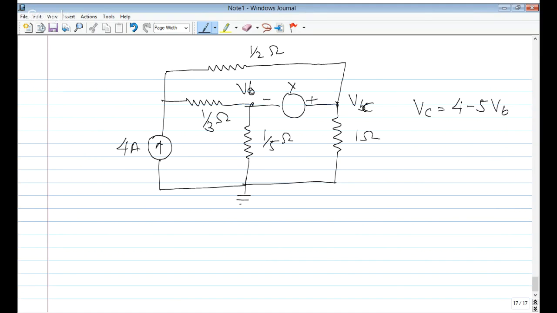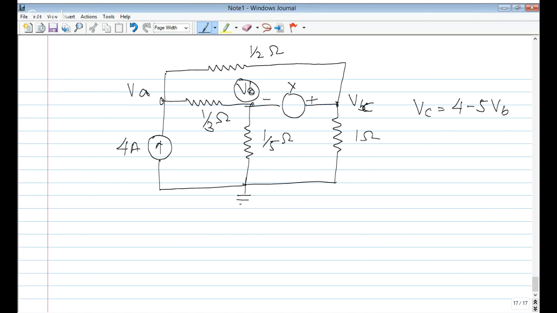So now we need to find X. So 4 ampere current is given to us. Basically we have to apply nodal analysis here. So we will only assume two variables, VB and VA, because VC is already known, that is 4 minus 5 VB.